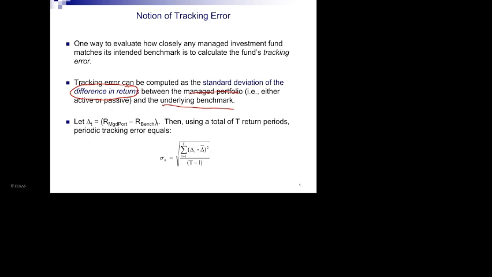So the idea behind tracking error is if you're a manager that's being benchmarked to, say, the S&P 500, then the total volatility of your returns isn't necessarily the point that an investor is going to care about. What they want to look at is what additional volatility you might be producing with the returns your portfolio generates compared to the benchmark.